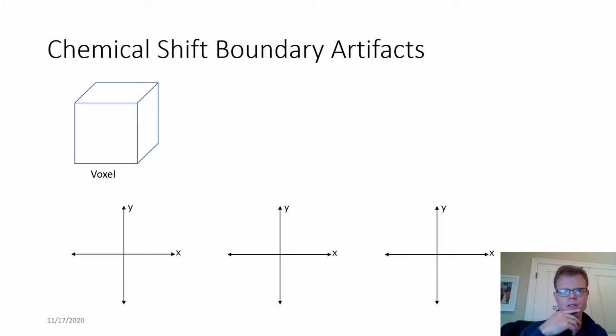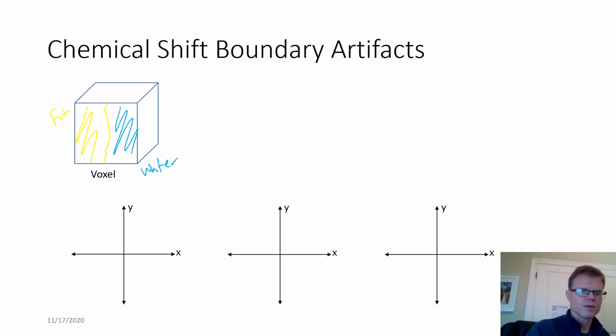Okay, so here we're going to illustrate what's happening with the chemical shift boundary problem. The problems happen when you have a voxel that's partially fat or lipids and partially other tissue, so basically water signal. Recalling that now we've got this frequency offset for our fat.